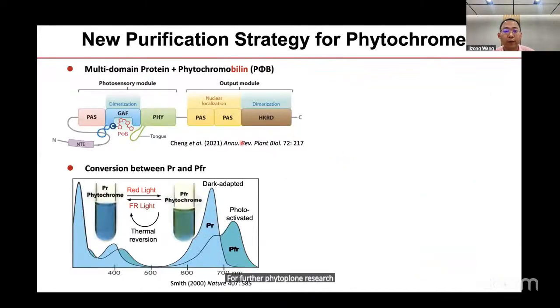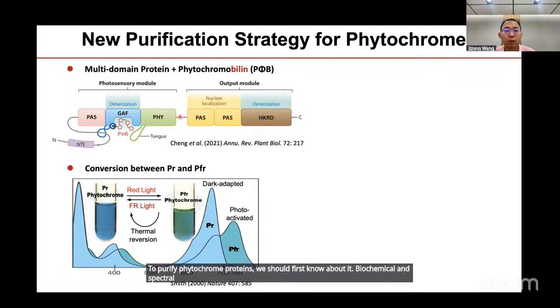To purify phytochrome proteins, we should first know about its biochemical and spectral properties. Phytochrome consists of a multi-domain protein and a bilin molecule named PΦB.